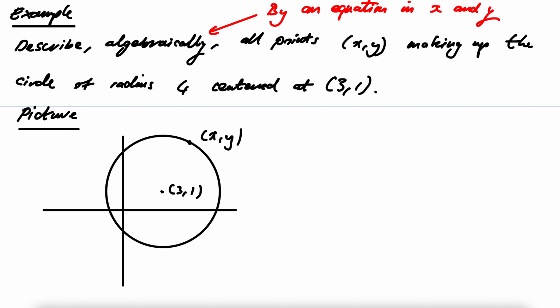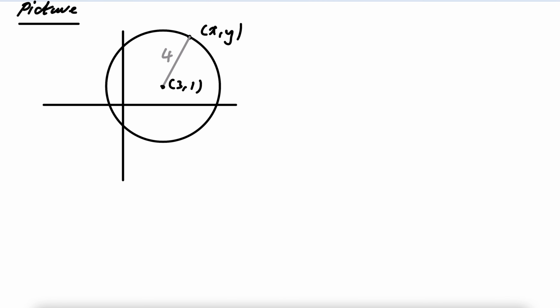So if I'm on the circle, that is precisely the same statement as saying that I am distance 4 from 3, 1. So by definition of the circle, x, y is on the circle if and only if it's distance 4 from 3, 1. Let's just write this down carefully.